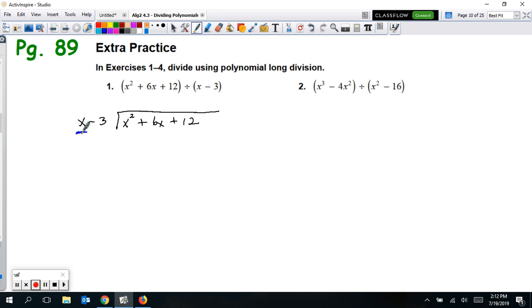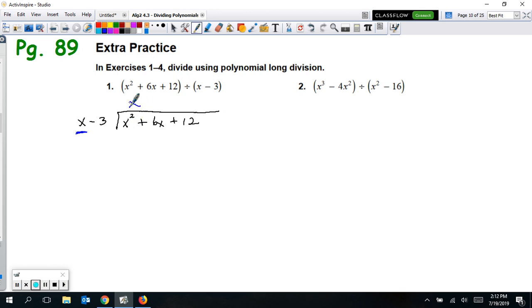We're not looking at what the entire thing can go into, just how many times x can go into x squared. Or what do you need to multiply x by to make an x squared? Well, you need to multiply it by another x. So we're going to put an x up on top here.